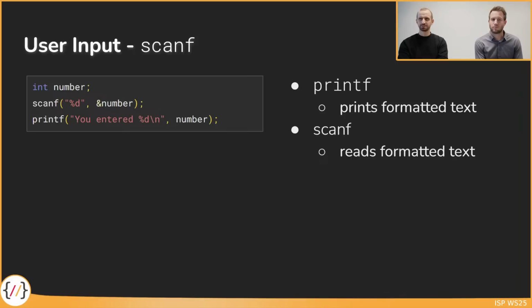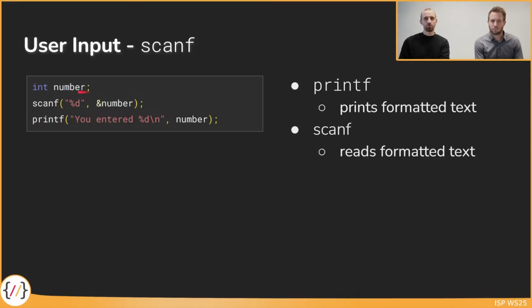Okay, one last topic. I know we are a bit over time, I'm sorry for that, but it's just 3 or 4 slides. As I said in the beginning, we not only want to print something out, we also want to have input from the user, because the user wants to interact with our program. The opposite of the printf function is the scanf function, which waits for the user input.